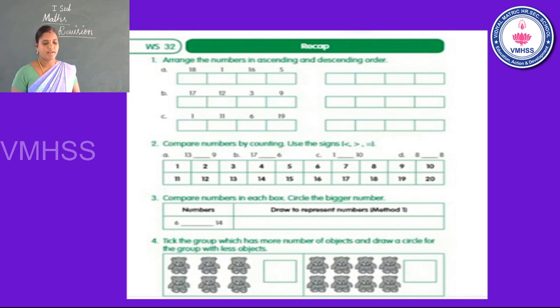Arrange the numbers in ascending and descending order. In A part, 80 and 1, 60 and 5. Okay, students, listen properly.